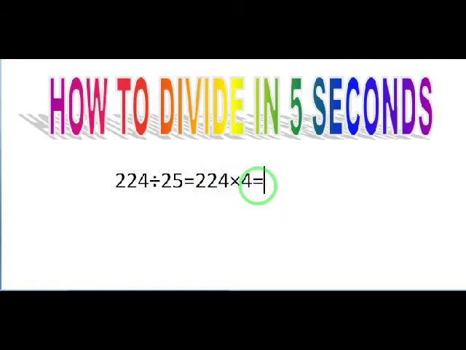So the result is 896. Previously we were adding a decimal point from the right hand side 1 unit, but here we have to add a decimal point from the right hand side 2 units, like that. Here is the answer we have got.